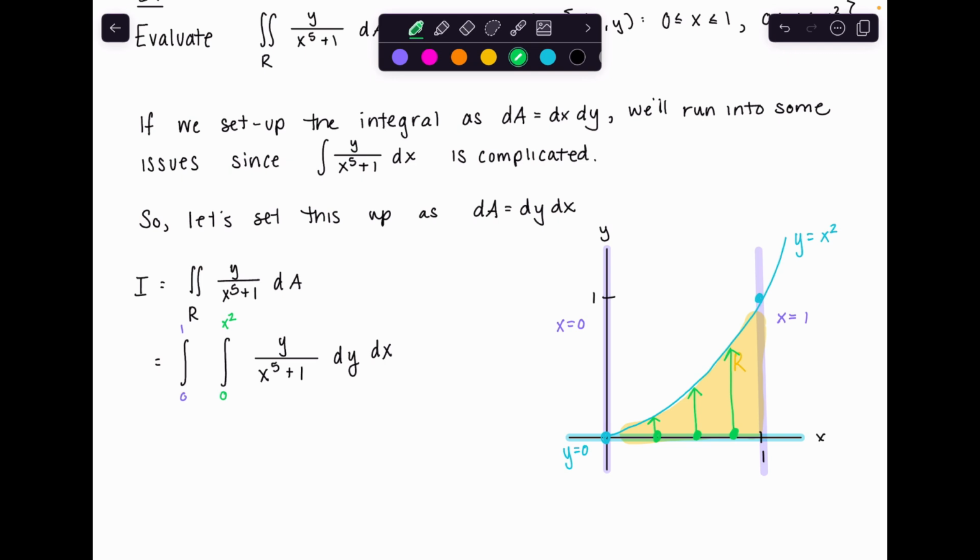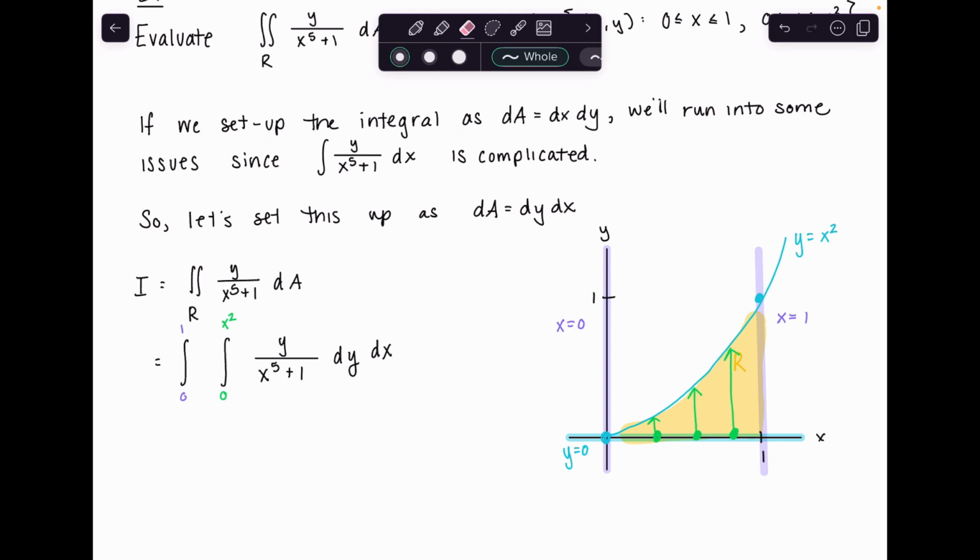If I did want to change this order of integration, your y bounds would be from 0 to 1, and then your x would have to start here and go to 1. So in that case, your bounds would be from x equals the square root of y and go to 1.